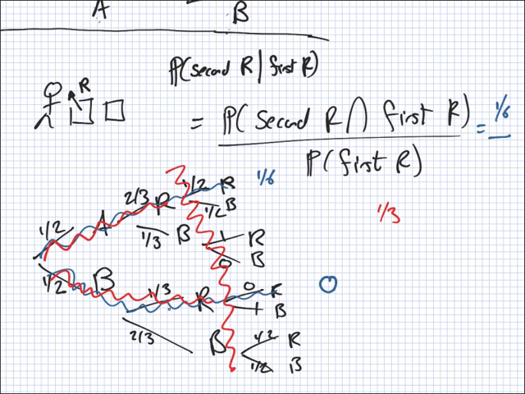The other one is a half times 1/3, which is 1/6. Adding them together gives a half. So this is equal to 1/6 over a half, which is 2/6, which is 1/3. So there's a 1/3 chance that the second one you take out would be red.